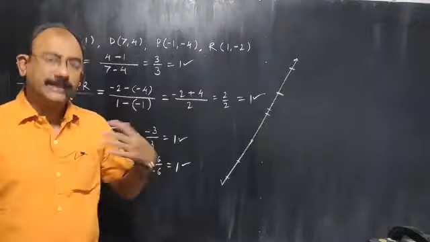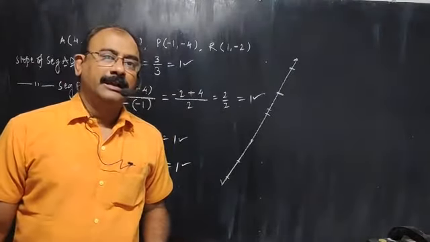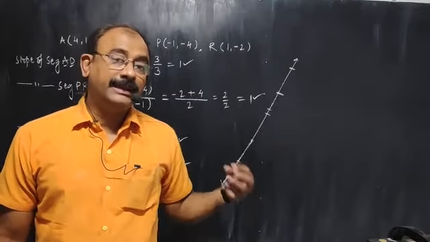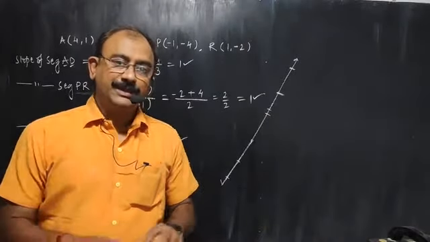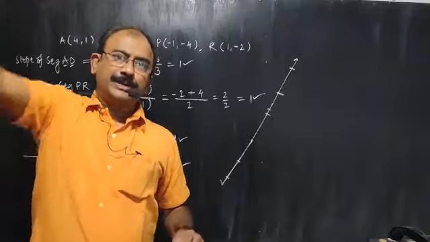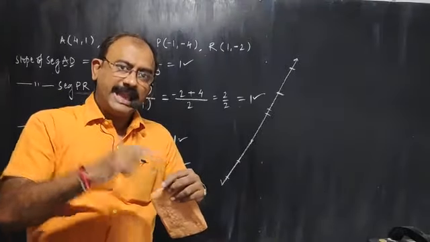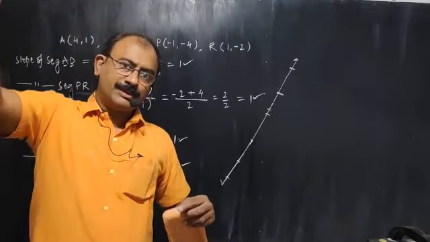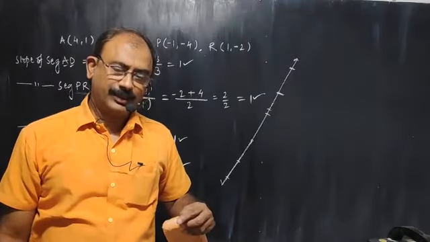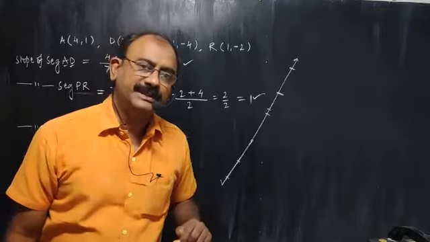Okay. Let me express the conclusion in the manner which we will need to solve the examples. So if I say that there are 3 points on the same line, then let us say A, B and C. Then the slope of AB will be equal to slope of BC. Okay? What will be the converse?